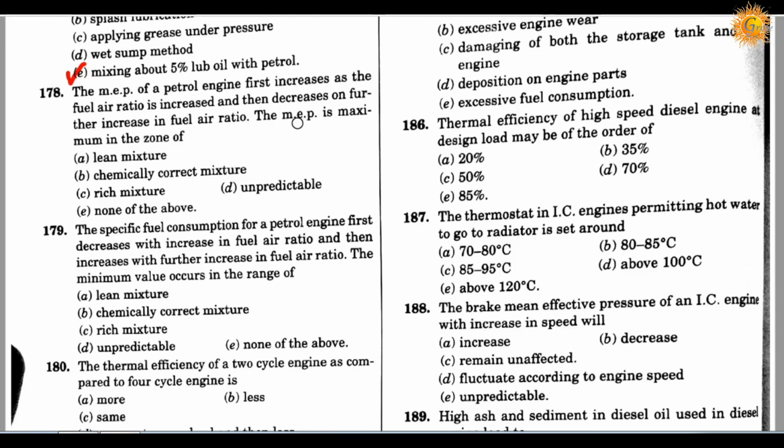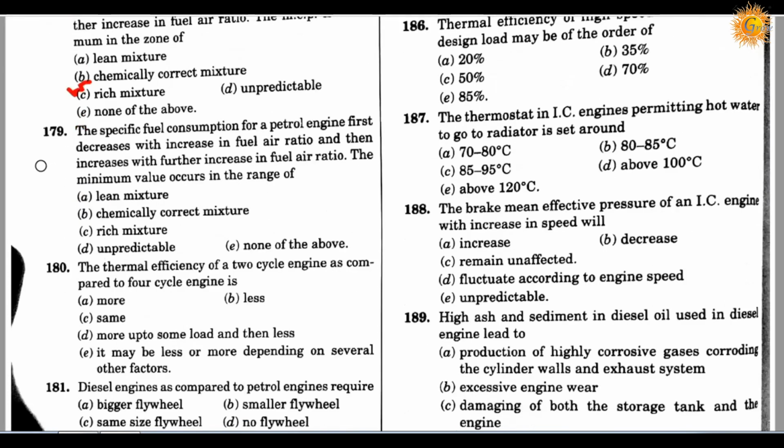The MEP is maximum in the zone of: option A, lean mixture; option B, chemically correct mixture; option C, rich mixture; option D, unpredictable; option E, none of the above. So the correct answer is C. It is a rich mixture.